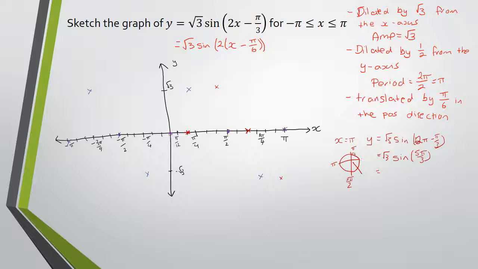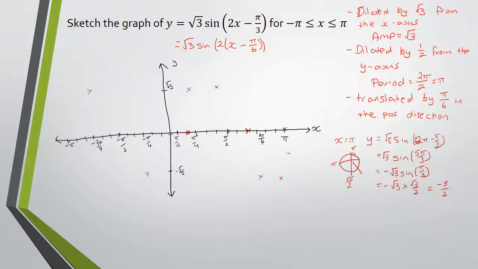So if we're thinking about where I'm going to locate 5 pi on 3, remember we've gone from 0, pi on 2, pi, 3 pi on 2. So 5 pi on 3, that's the same as 1 2/3. So I would be over here in the 4th quadrant where sine is negative. So I'm going to be getting a negative version of whatever my value would have been had it been in the 1st quadrant.